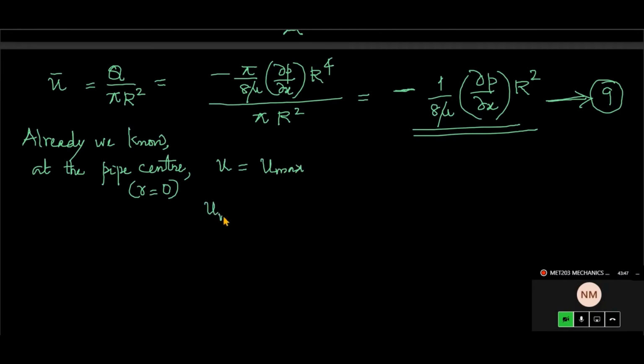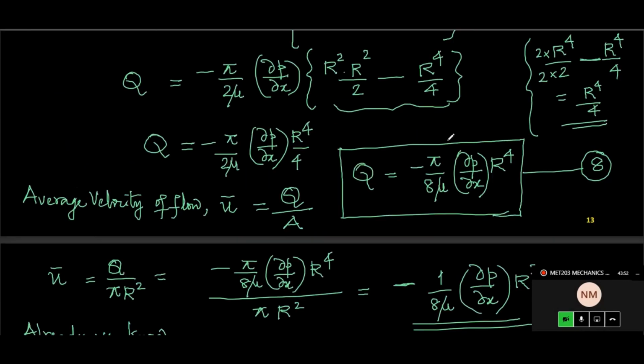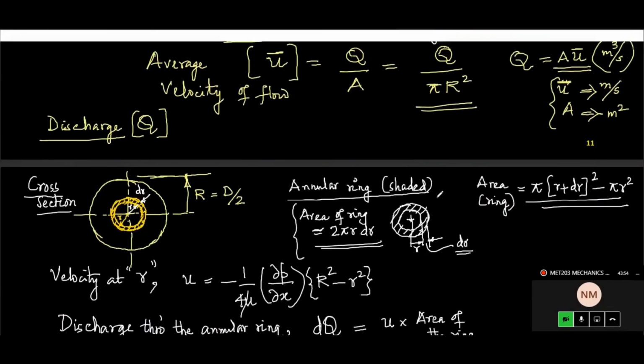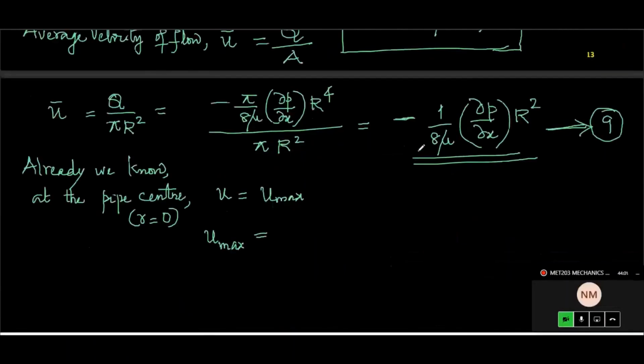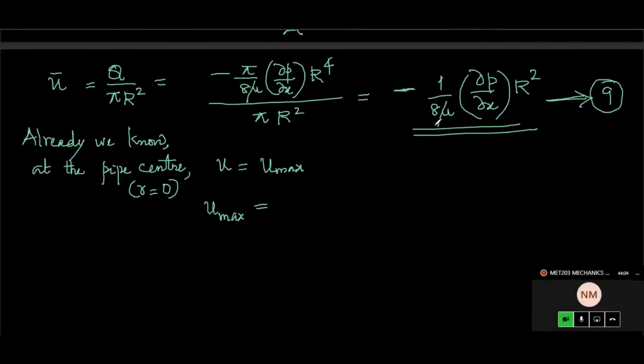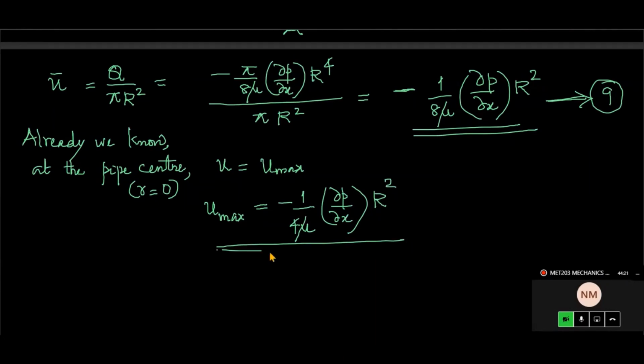Do you remember what U max is? So that U max, the maximum velocity, is minus 1 by 4 mu dou P by dou X into R square. It is 4 mu. But here in the average velocity expression, the denominator is 8 mu. So that is the only difference. So U max is minus 1 by 4 mu into dou P by dou X into R square. Okay, see, we have this expression.